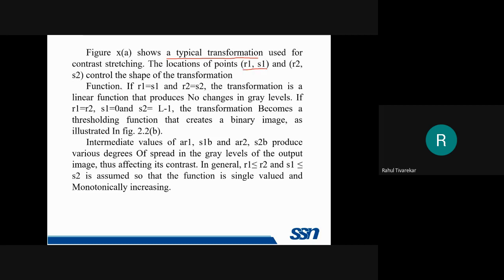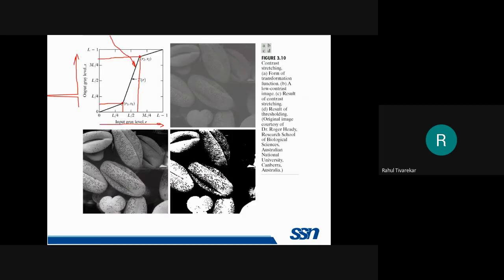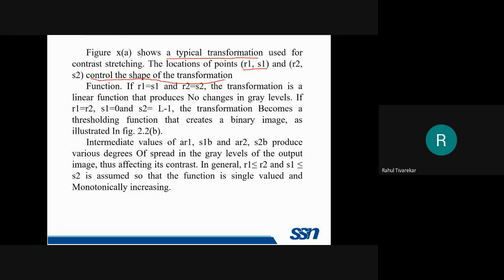These 2 points, R1, S1 and R2, S2, control the shape of the transformation. By moving these 2 points, we can change the shape of this transformation. You can imagine this as a rubber band held at these 2 points, R1, S1 and R2, S2. If you change those two locations, the shape of that rubber band is flexibly changed, so you can control the shape of the transformation.